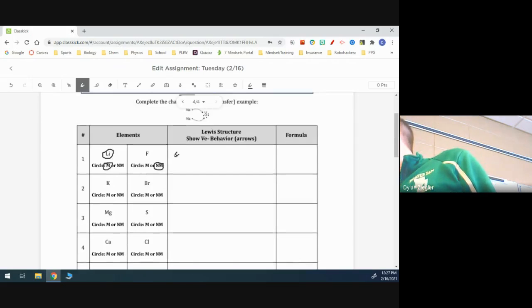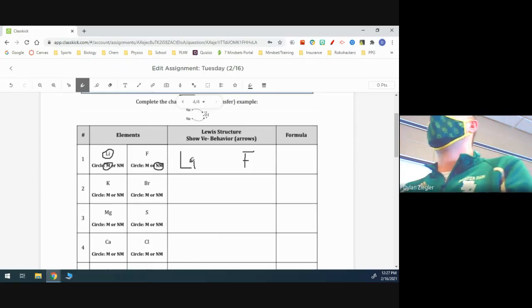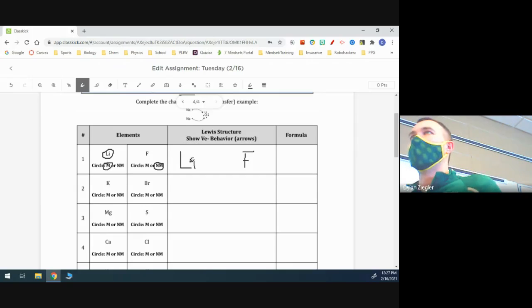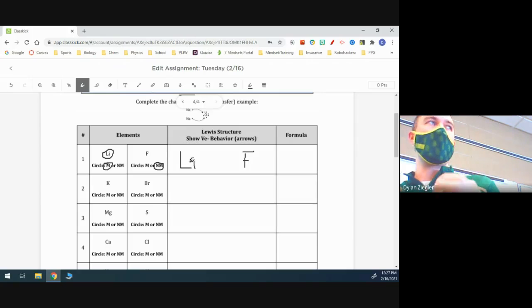All right, now we have to do the Lewis structure. So I'm going to do Lewis dot diagrams. Remember, they start with the symbol. And then we have to do valence electron dots around the symbol. So lithium is in the first column. And remember, if we skip the transition metals, that's Sc to Zn, then every column has the same number of valence electrons as their column number.